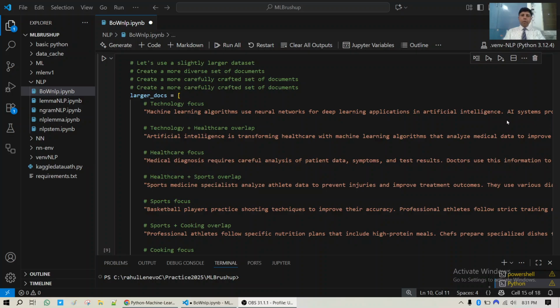Myself, Rahul. Today we are going to see one of the important topics in NLP bag of words, and I'm going to focus on one topic that is called document similarity, or we can say vector similarity.